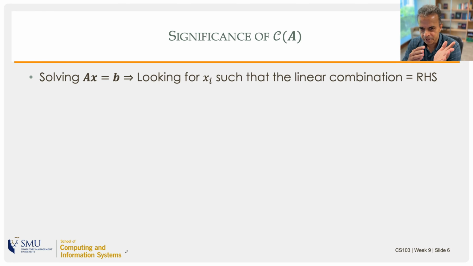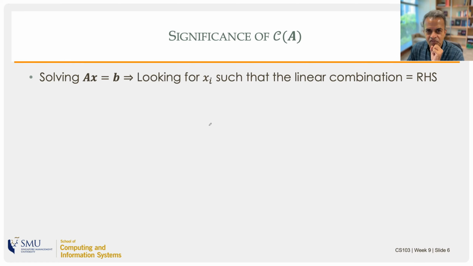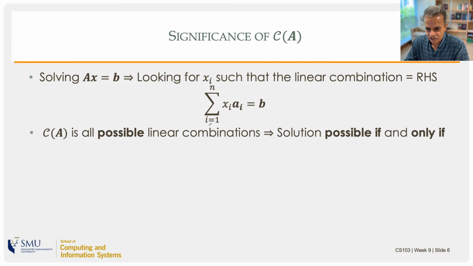It's just a question of finding the right xi's, the right multipliers, so that you can solve the system of linear equations. That's not too difficult. We know how to do that. Conversely, if you know that B is not a member of the column space, you have no chance of finding a solution, because B literally is not a linear combination of the columns of A. Since the column space C(A) is all possible linear combinations, a solution is possible if and only if B is a member of the column space.